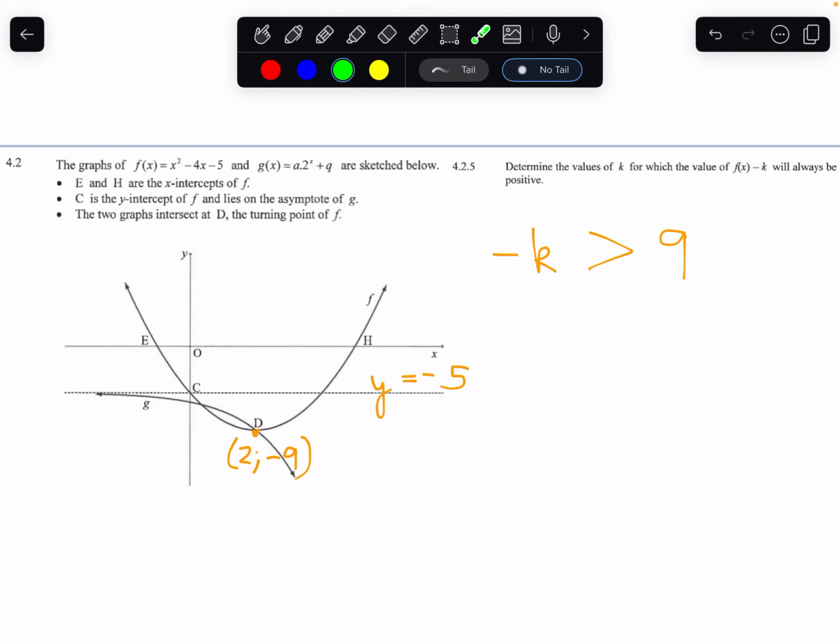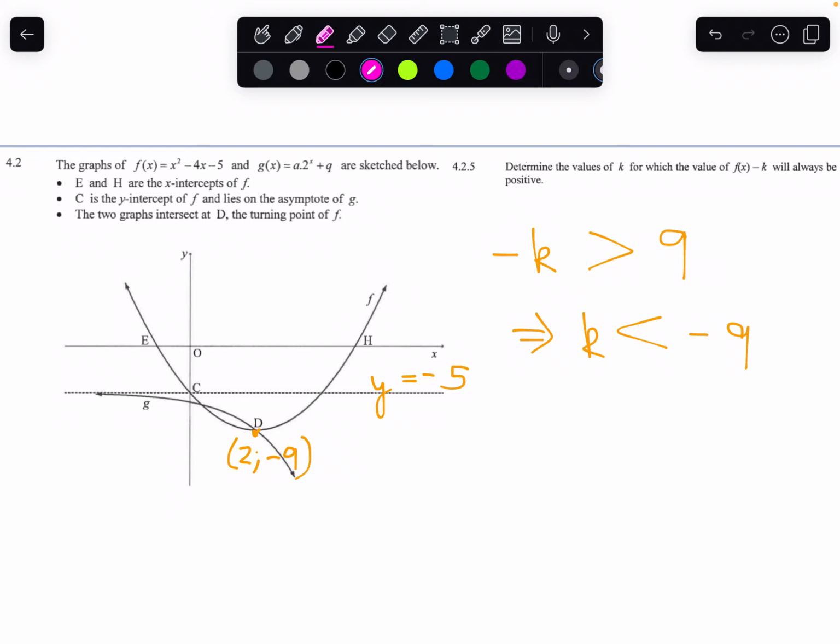And so if we rewrite this inequality so that we just have k instead of minus k, that means we're dividing by a negative or timesing by negative 1. Either way, that is going to flip our inequality sign around. So for any value of k that is smaller than negative 9, f of x minus k will always be positive.